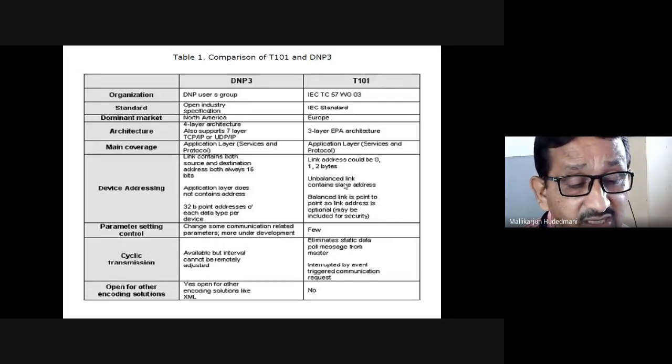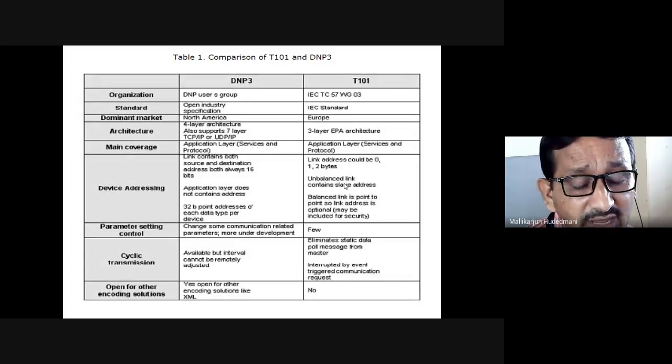Then device addressing, how devices are addressed. In DNP, the link contains both source and destination addresses, both always 16-bit. Then it is a 32-bit address for each data type per device at the application layer, which does not contain an address.